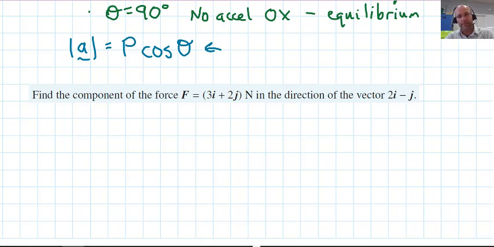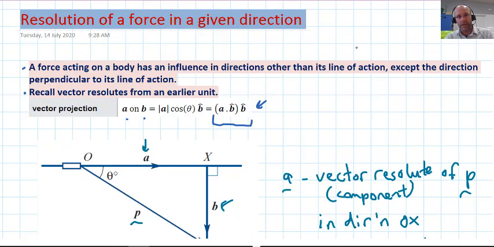Let's look at two examples now to finish off the video. In this first one, we're going to use our vector resolute, and the second one is going to use something different. Just to remind you, that's our formula there for vector projection, especially the second part underlined in blue there: A dot unit vector B, and that's a scalar, right?